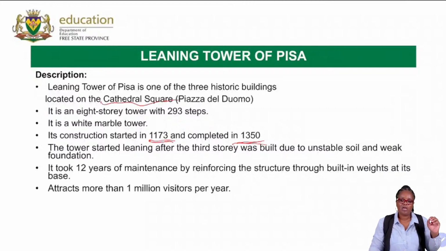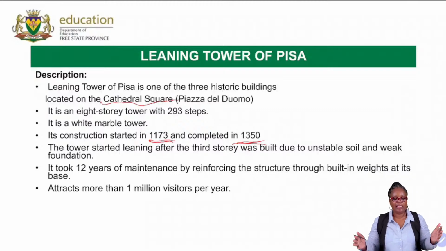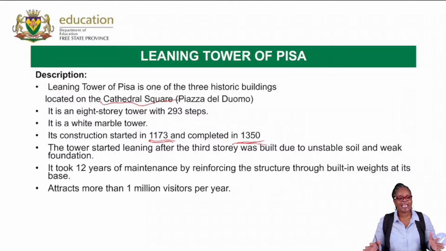It took them the whole 12 years to reinforce this structure, the Leaning Tower, to make sure that it does not fall. So they were putting weight at its base to make sure that it doesn't fall. The whole 12 years for them to make sure that it stays like that.